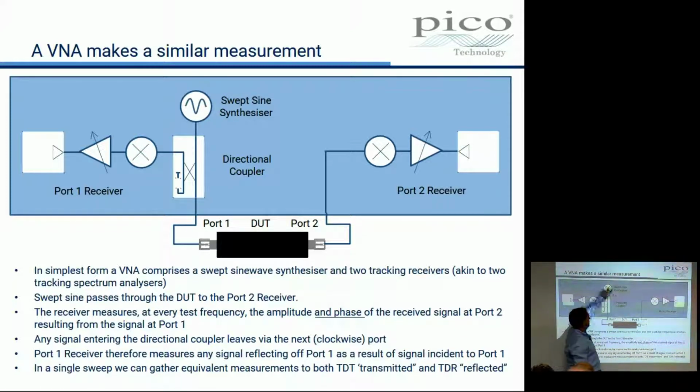So if we're outputting a gigahertz here, we tune the radio to a gigahertz, and then this lot measures what comes out of the radio, the amplitude of the signal, and the phase as it happens. We'll come to that later. That's going to measure our signal off port 1, and this one is going to measure our signal off port 2. And we'd then be able to do a TDR measurement, or a reflection measurement, and a transmission measurement, right?